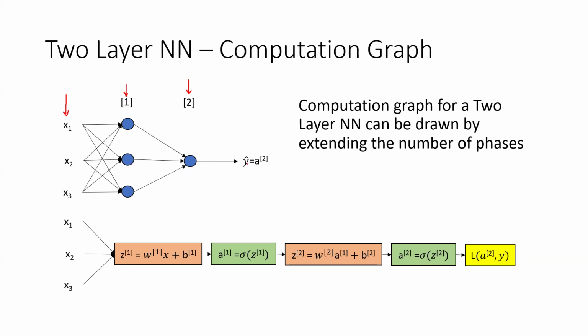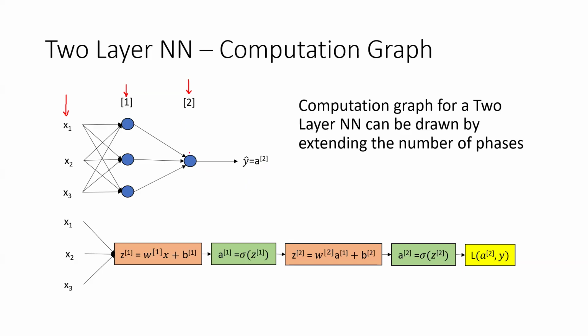This is the predicted value of the dependent variable, or the output of the neural network when we are making predictions or when we are learning. This is the predicted value, right? And it is also equal to the activation of the second layer of this neural network.